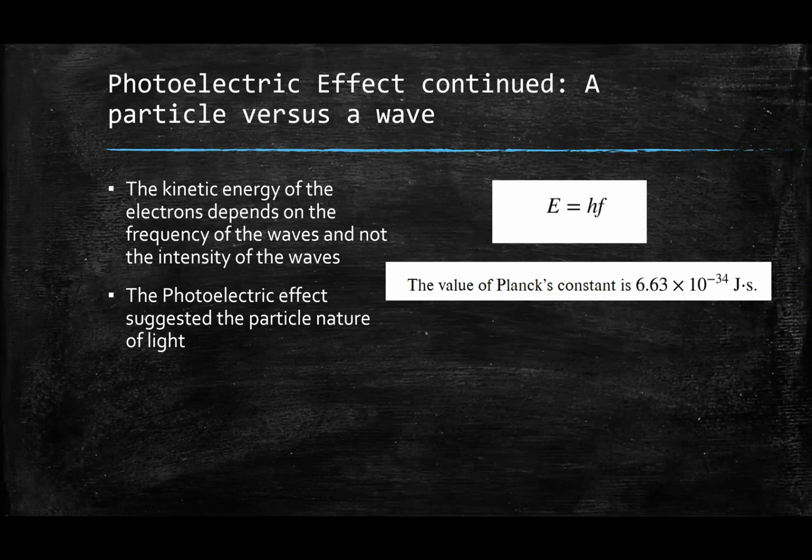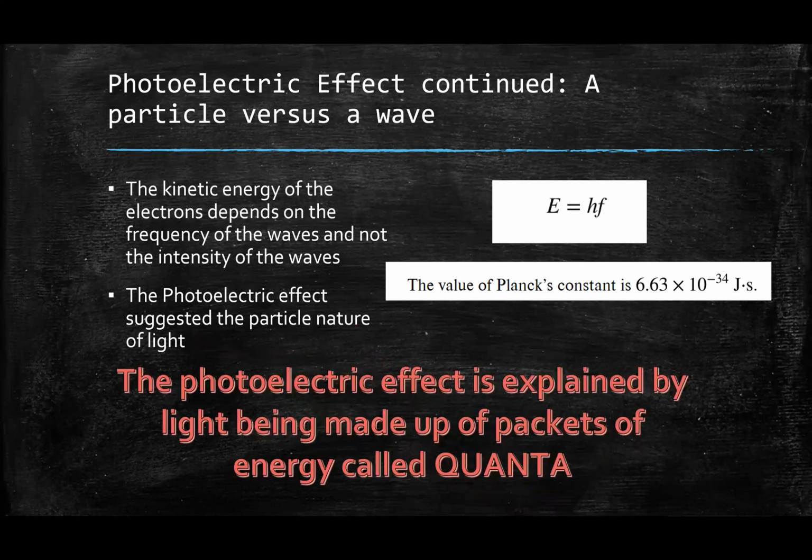Well, it was saying if we collide with a surface and can eject a particle out, then light must behave as if it's some sort of particle. And so that particle is described as tiny little packets of light, tiny little packets of energy, which are called quanta. And you might be familiar with quanta from quantum mechanics, right?